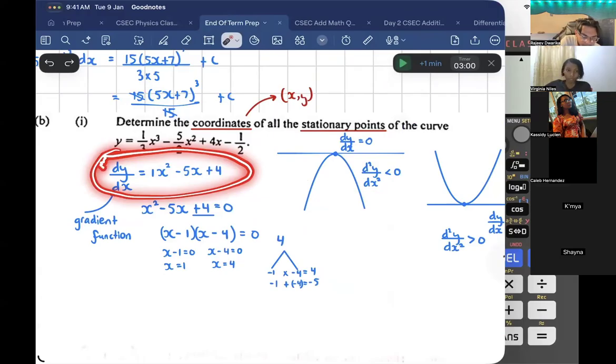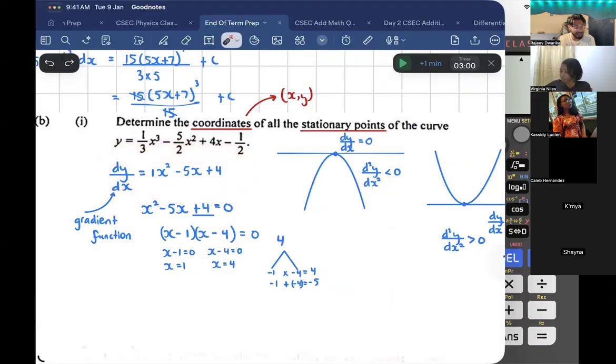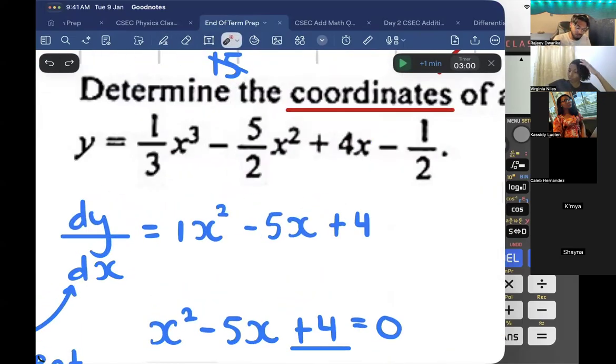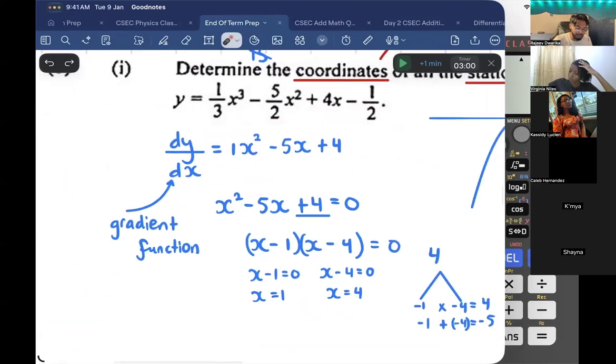It would give you the gradient. Yes, it's the gradient function, but we want the y coordinate value. Good. As we're seeing, y is equal to this, so you plug it into that.